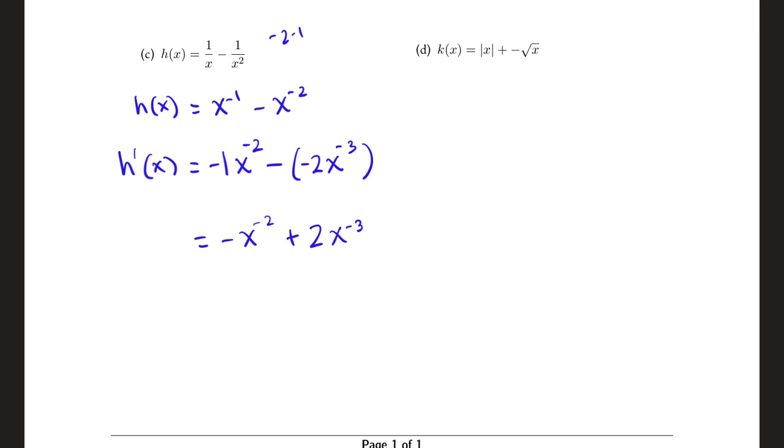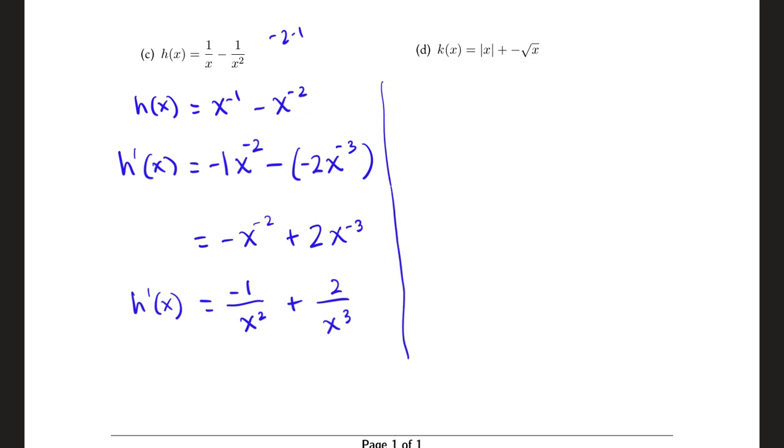But in this case, the powers are positive, so we need to rewrite this. This is negative 1, and then x to the negative 2 can be rewritten as 1 over x squared, plus 2 over x cubed. And again, this is the derivative.